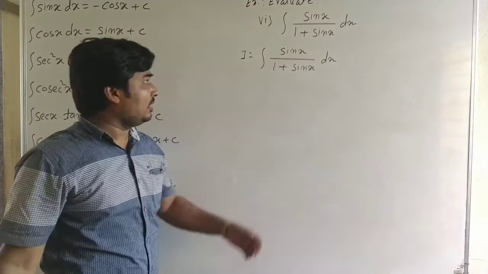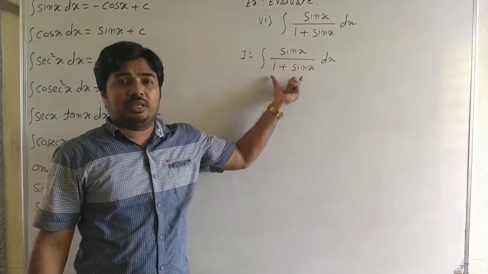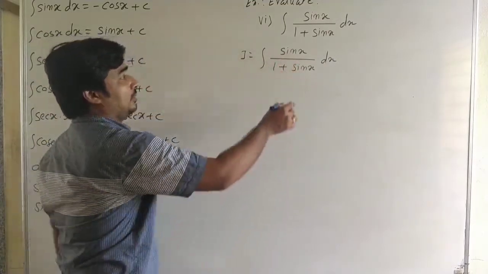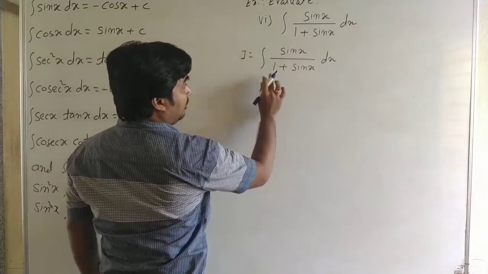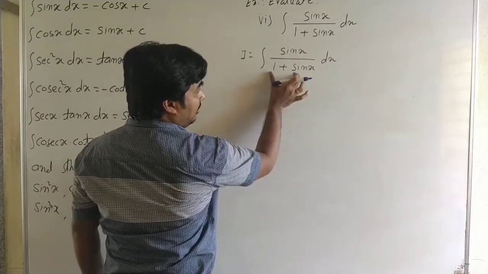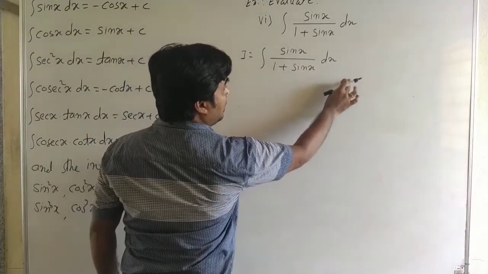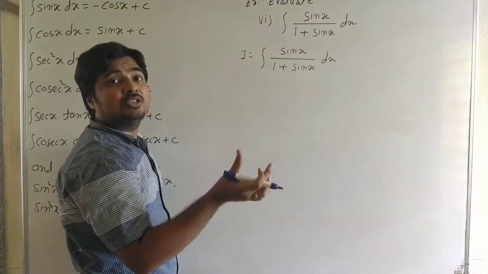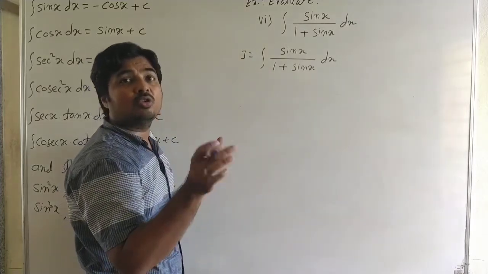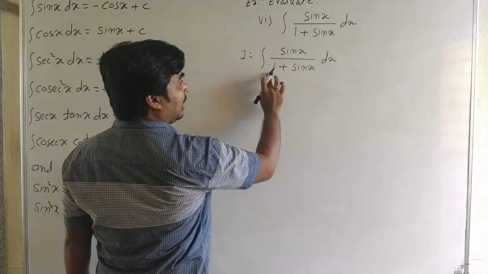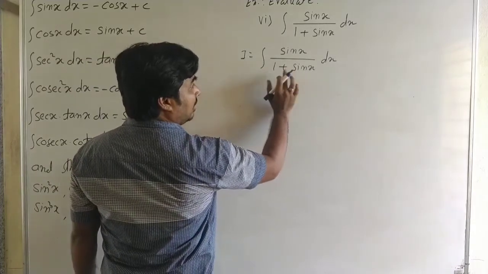For the simplification here, multiply numerator and denominator by 1 minus sin x. In the denominator, 1 plus sin x and 1 minus sin x give 1 minus sin square x, and 1 minus sin square x is cos square x, a single term. Okay, there are two terms in the denominator.